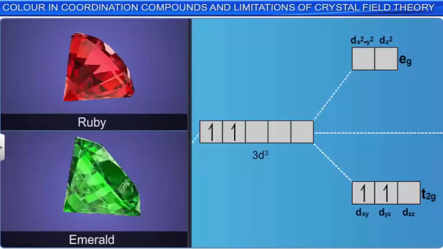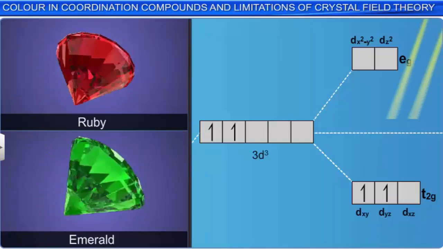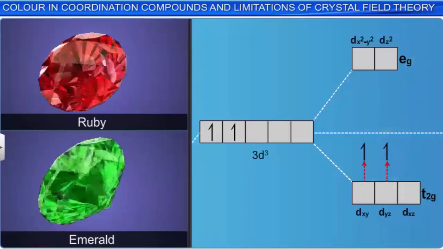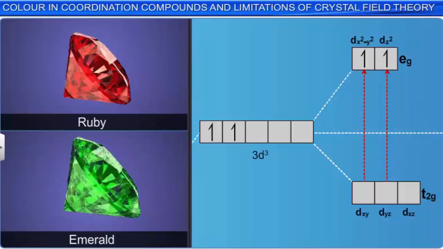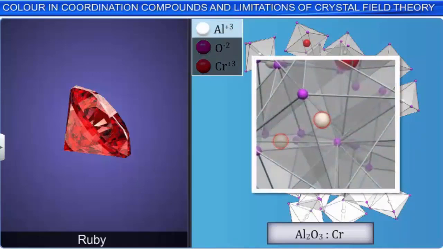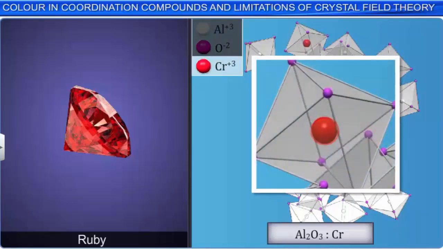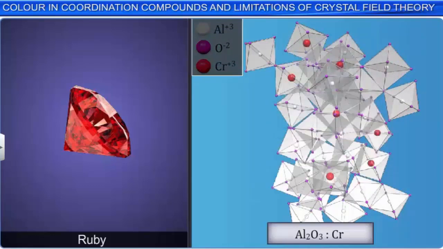The color of gemstones like ruby and emerald is also due to the d-to-d transition of electrons within the d orbitals of the transition metal ion. Ruby is a pink to blood red colored gemstone. It is aluminium oxide in which a small fraction of Al3+ ions are replaced by Cr3+ ions. The red color of a ruby is mainly due to the presence of Cr3+ ions.